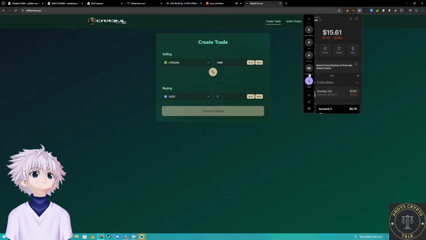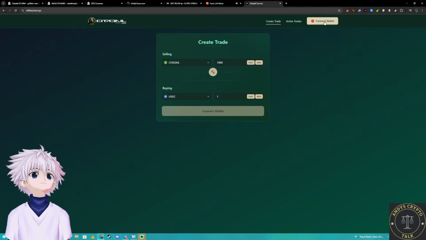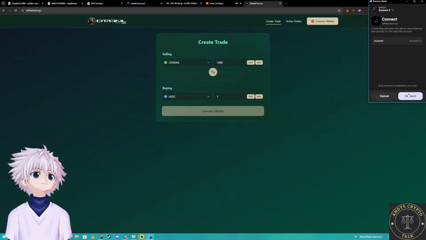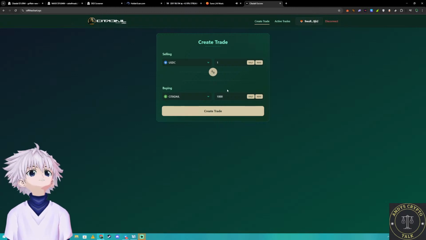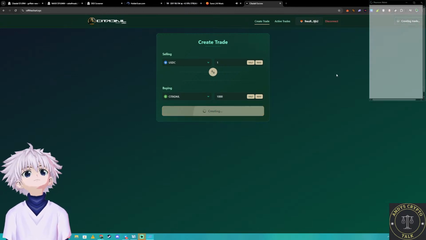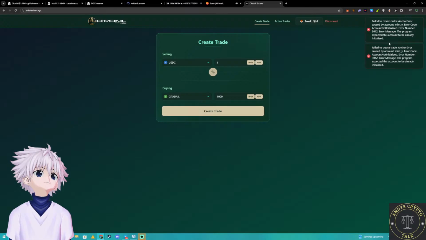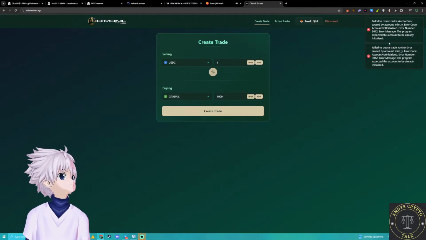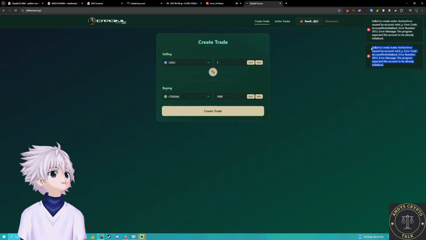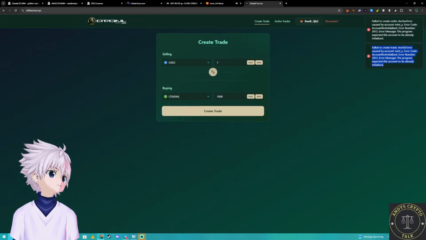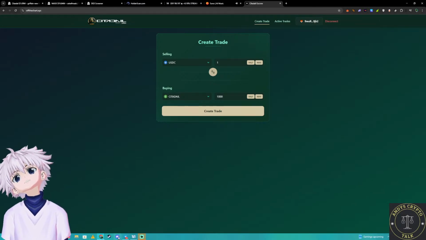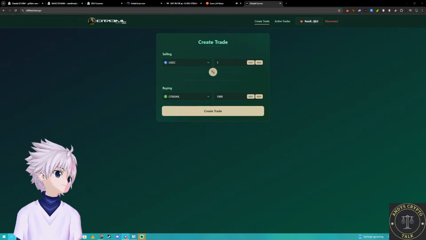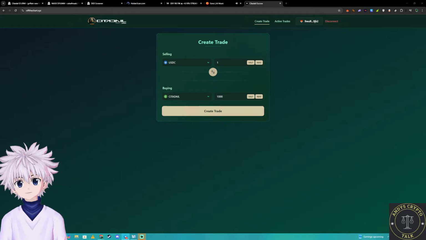Let me switch wallets here and try to connect. This one's got USDC, so say I want to buy. I'm going to create that trade. No, it's not working for this one either. It's giving an error code, so I'm going to go back to the developers with this, chat with the Citadel community and see if we can get this fixed, and then I'll do a demo for you guys as soon as I can.